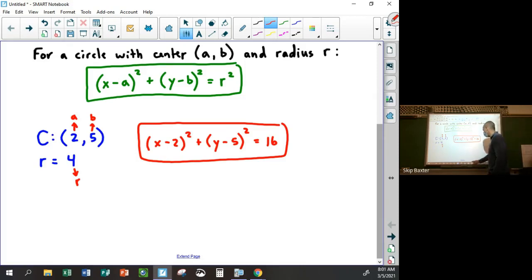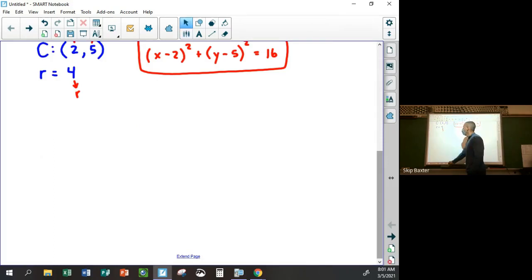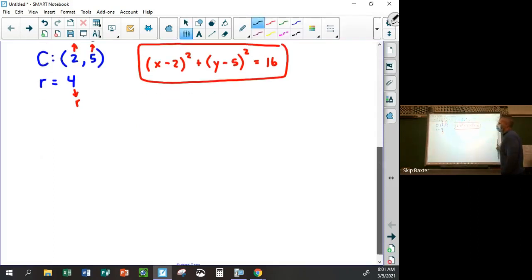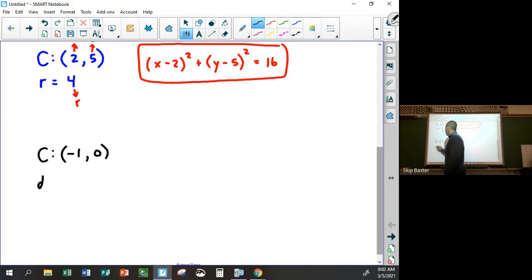Sometimes they'll mix it up by, instead of giving you the radius, giving you the diameter or something like that, but that's no more difficult, right? Like if they said the center is, suppose it was (-1, 0), and the diameter is, let's say, 6 radical 2, or something weird like that, not an integer.